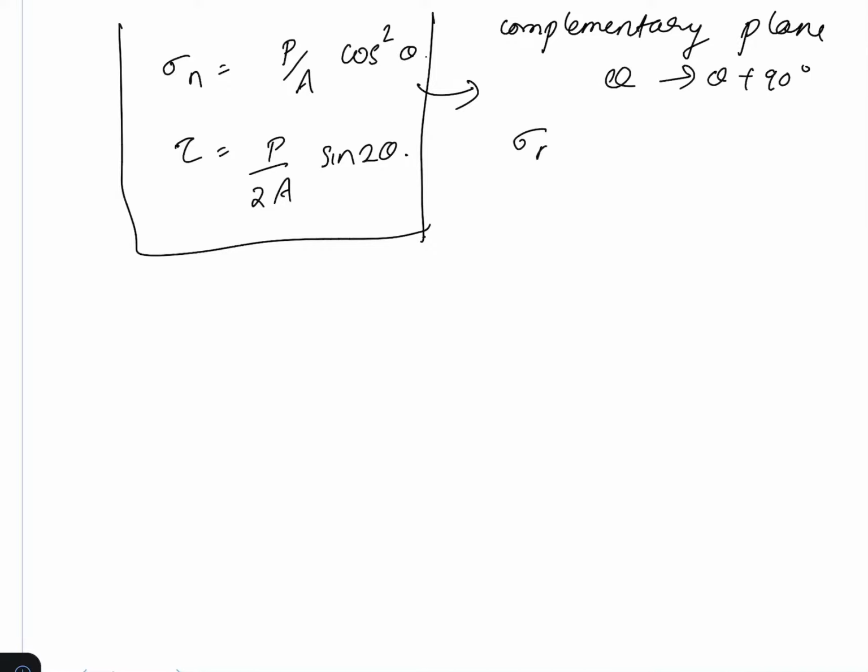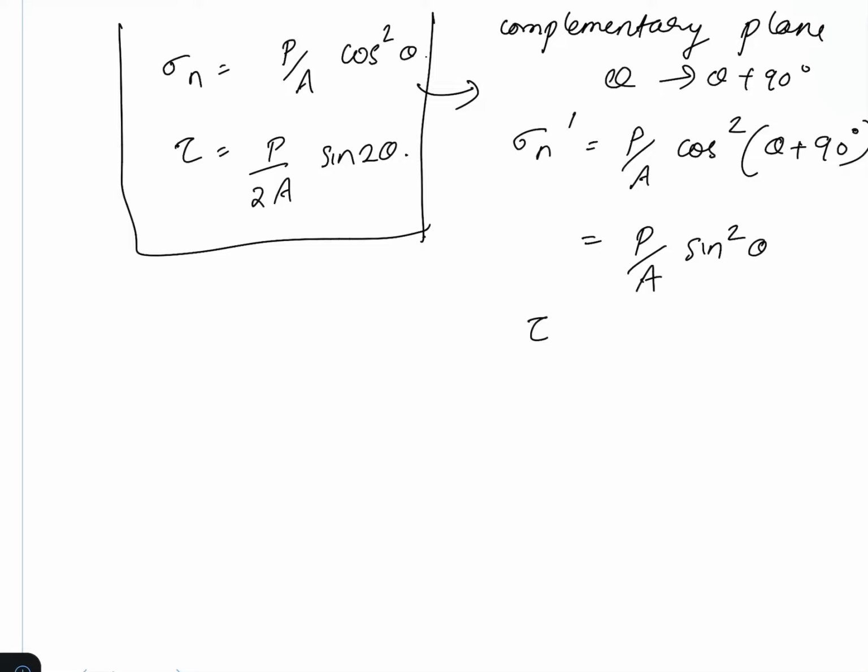So sigma n dash will become p by a cos square of theta plus 90 degrees. We know that cos of theta plus 90 degrees is minus sine, so it will become p by a sine square theta.